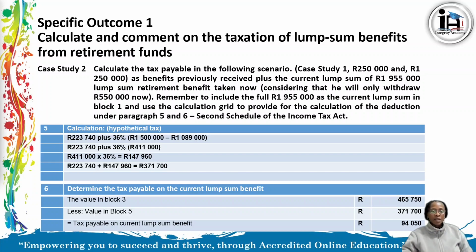We multiply that by 36%. It brings the total to 147,960. But it doesn't end there. We still have to add the 223,740 to it, which will give us a total of 371,700.